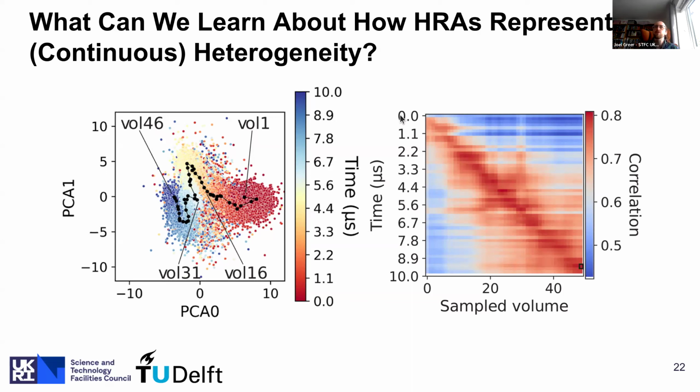What we've then done is extracted atomic models throughout our MD simulation, and computed the map to model real space correlation between the extracted atomic models and the density maps decoded from these locations in the latent space.